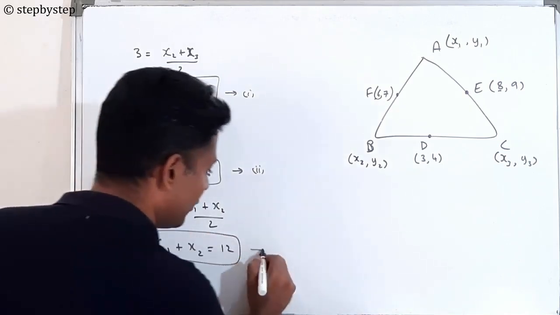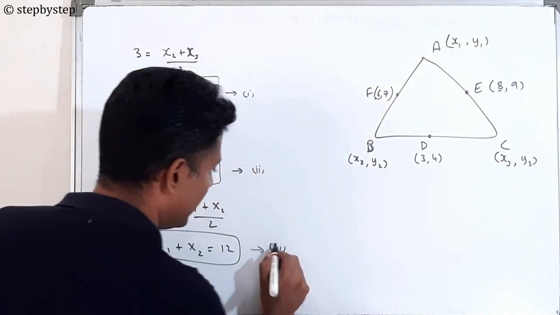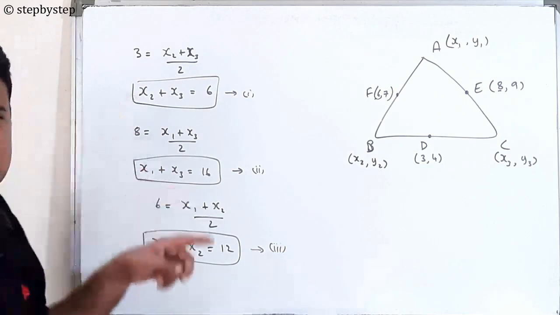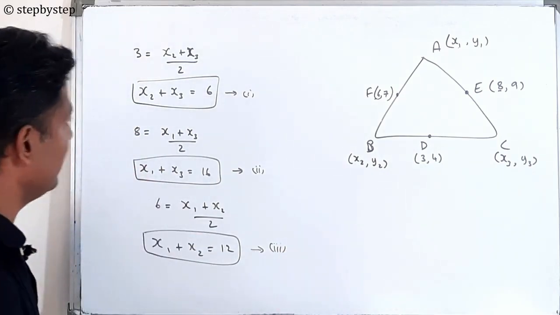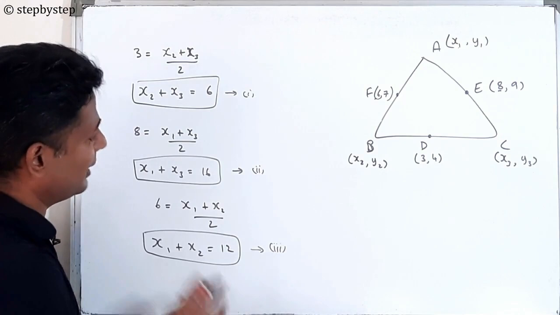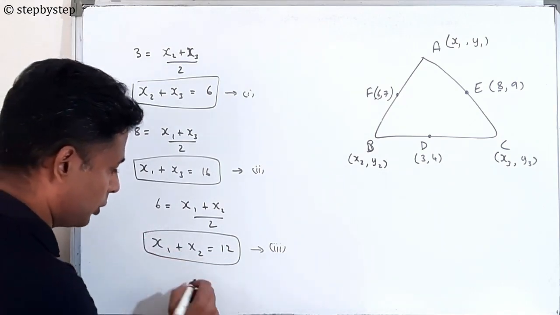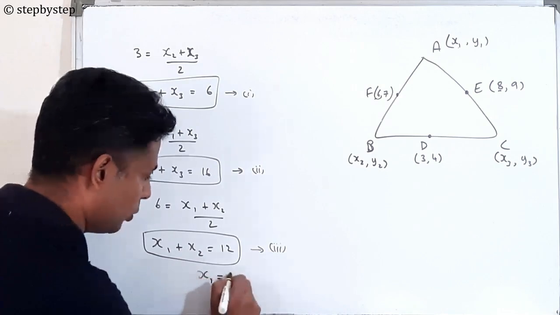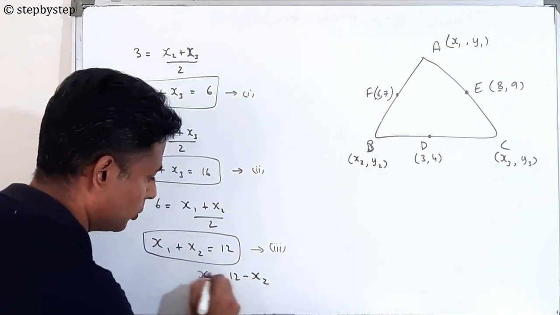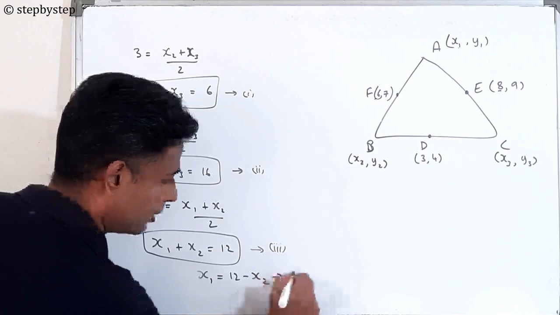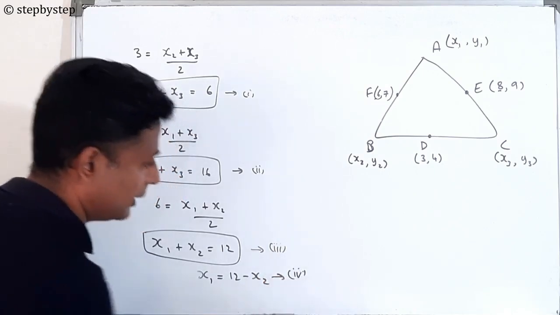So now we have got 3 equations for x coordinates, and there are 3 unknowns for x coordinate, that is x1, x2, x3. Now I can do it many ways. I'll use the substitution method. We have got x1 plus x2 equal to 12. So x1 equal to 12 minus x2. This is our fourth thing that we got.